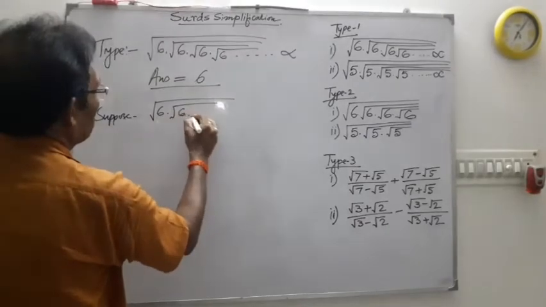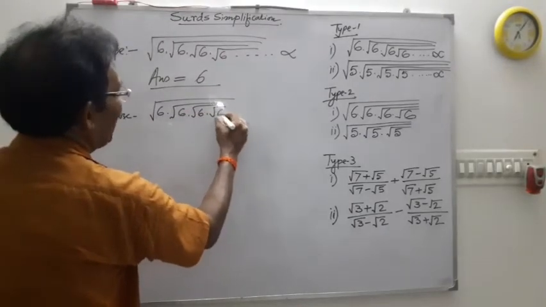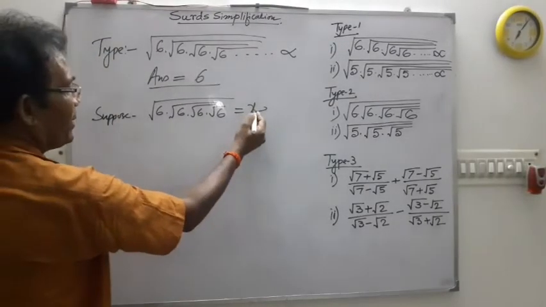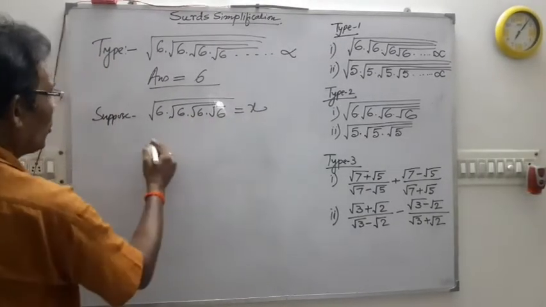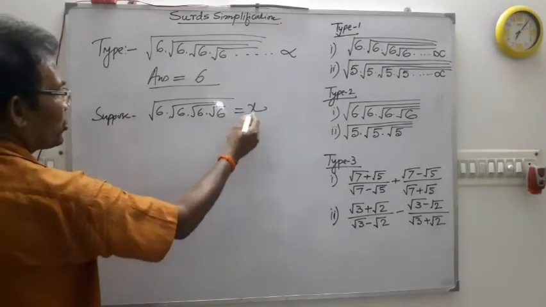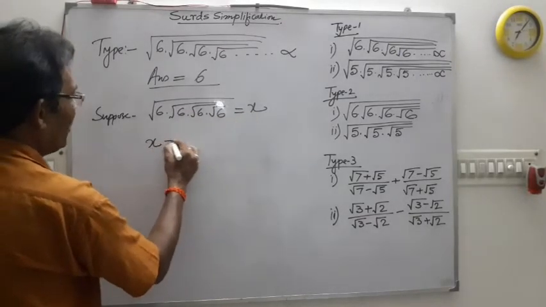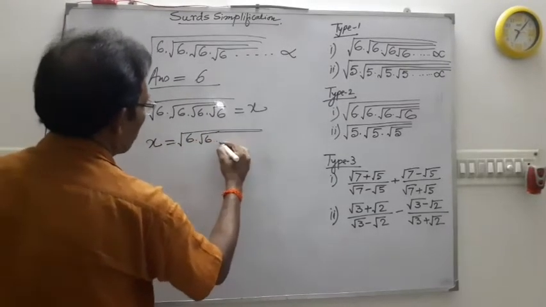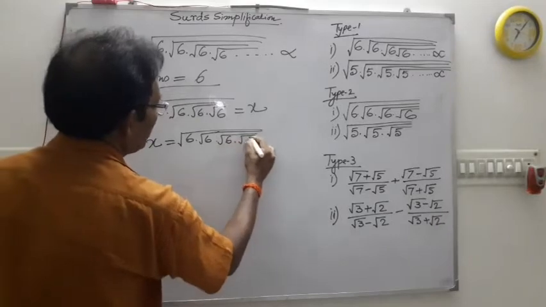Suppose this value is x. If we square both sides, x equals root 6 of this.